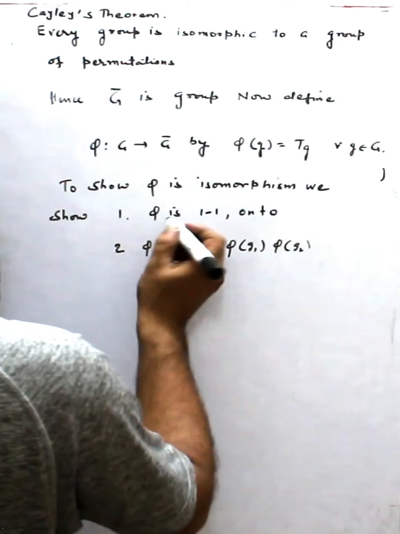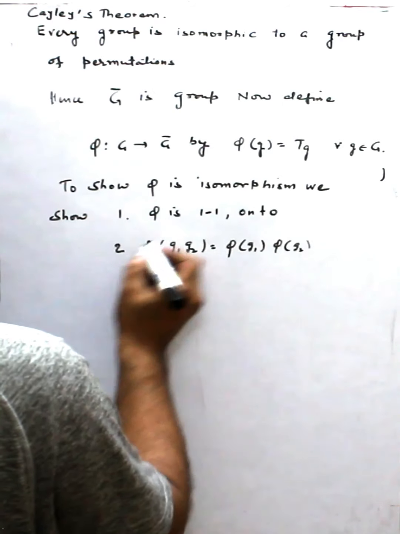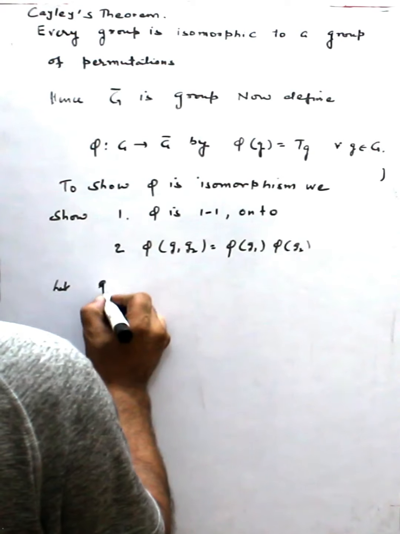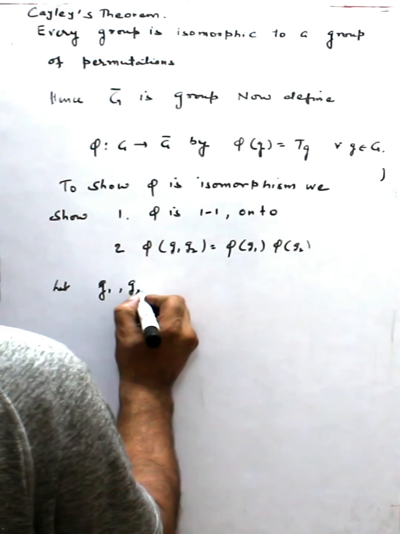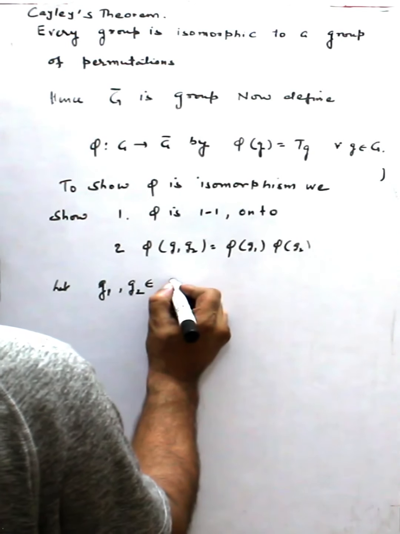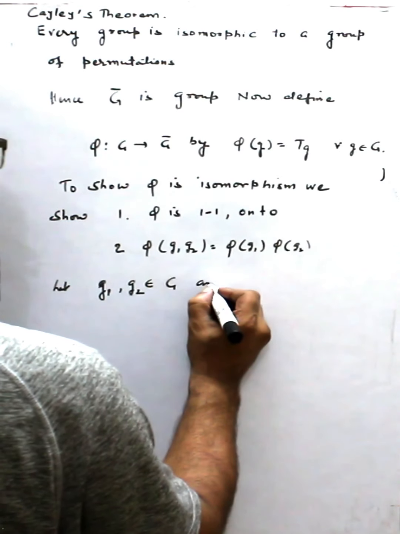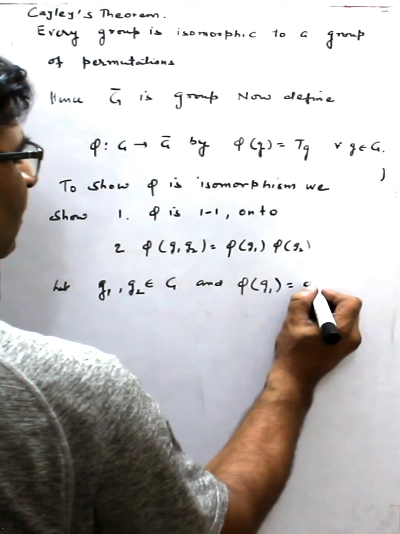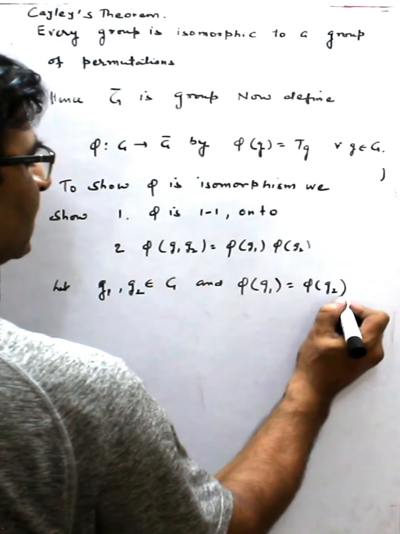These two things. So first we show phi is one-one. Let g1, g2 belong to G and phi g1 equal to phi g2.